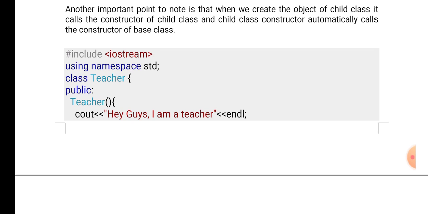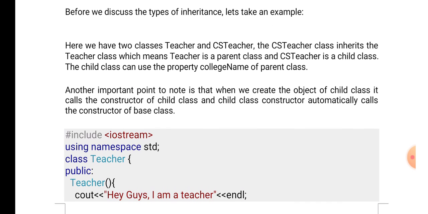Here we take two classes, teacher and then computer science teacher, CS teacher class. The CS teacher class inherits the teacher class, which means teacher is a parent class and CS teacher is a child class.